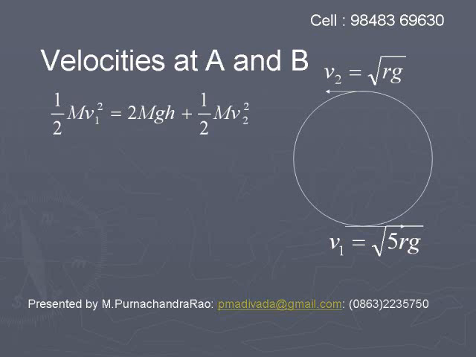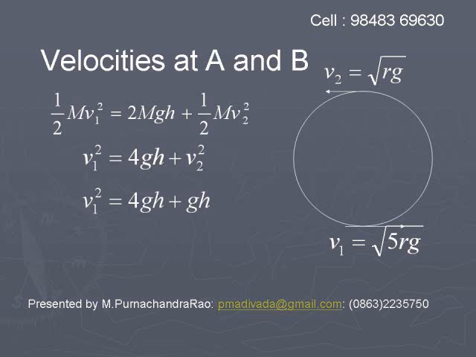By applying conservation of energy, we get half mv1 square is equal to 2mgh plus half mv2 square.